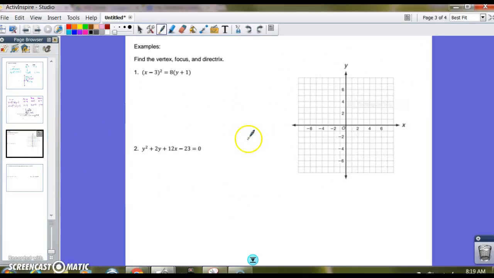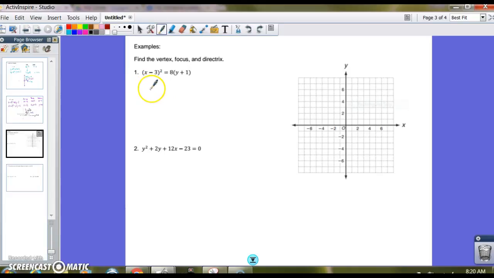Okay, so let's do an example. It says to find the vertex, focus, and directrix. So when you look at this equation, first of all, we know it's going to open up or down because x is squared. So I know it's going to open up or down.